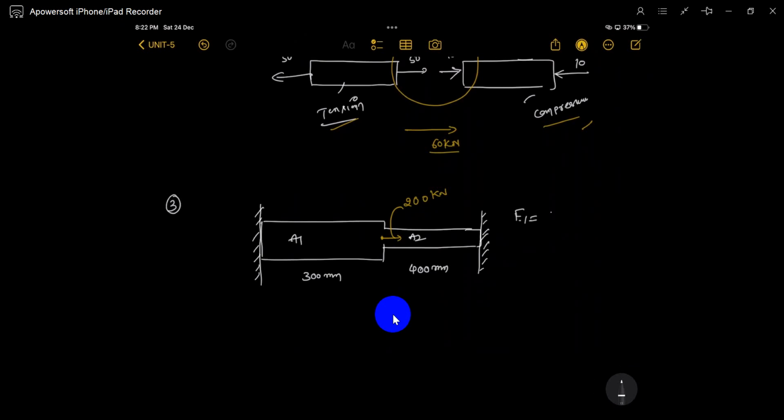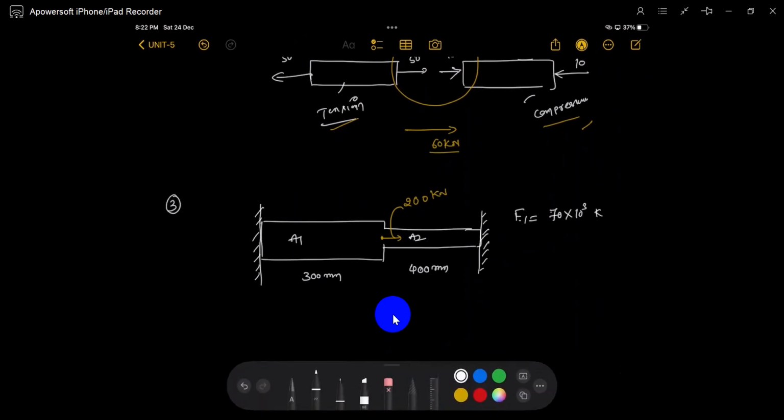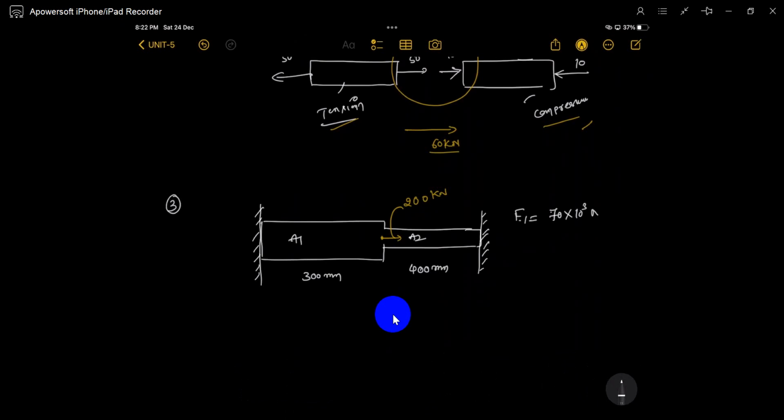E1 is 70 into 10 cube Newton per mm square. E2 is 20 into 10 cube Newton per mm square, and area 1 is 2400 mm square, area 2 is 600 mm square.